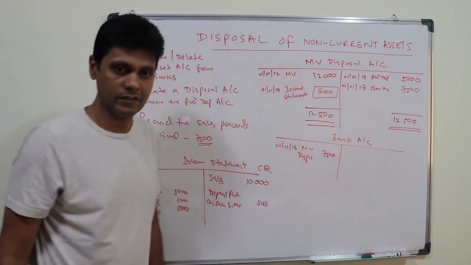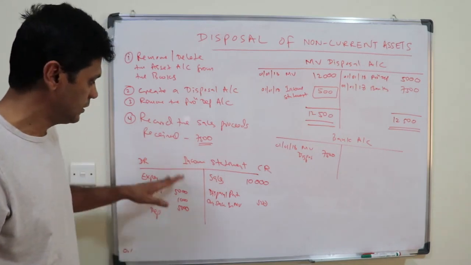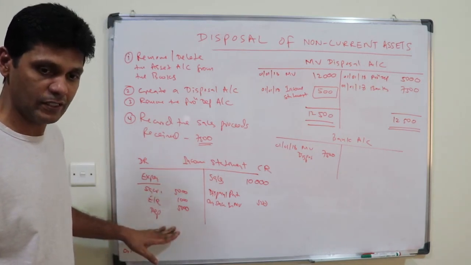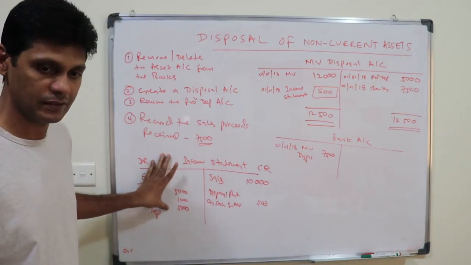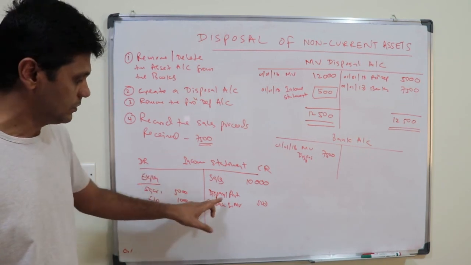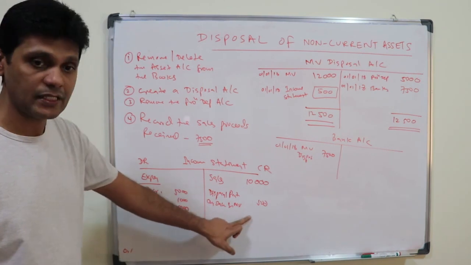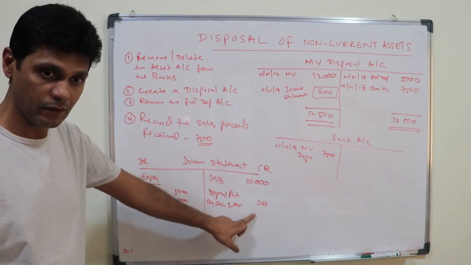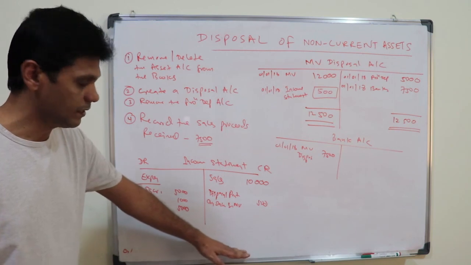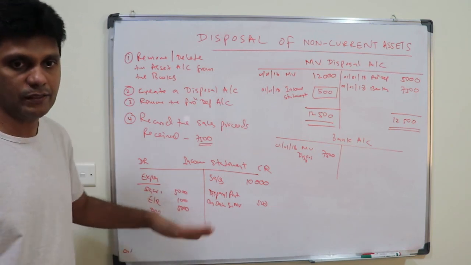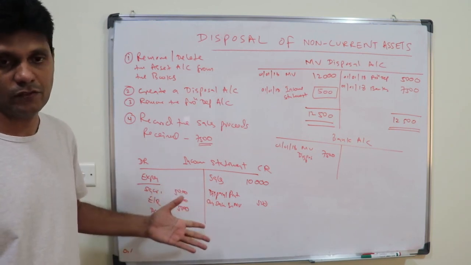I hope this is clear. I prepared this income statement for your understanding only. So this disposal profit will be shown in the income statement on the credit side. It's an income, and you take the income and expenses and calculate the profit or loss. That's how you have to do it.